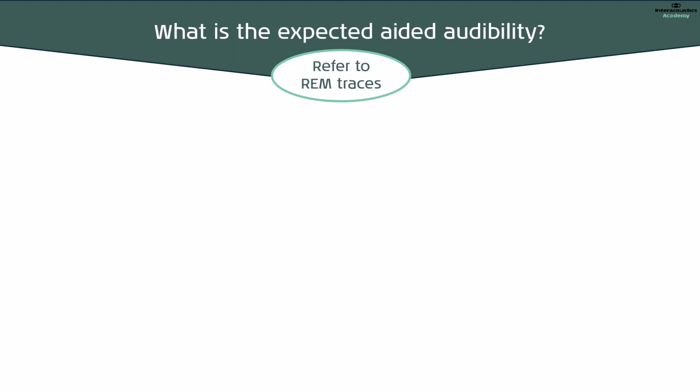When reviewing the REM traces, if the match to target, the hearing aid output, in the frequency region that corresponds to the individual Manu-Iru stimuli, is more than 10 dB above the patient's threshold, then we can predict that this speech sound is likely to be audible to the patient and is therefore likely to elicit an aided cortical response.